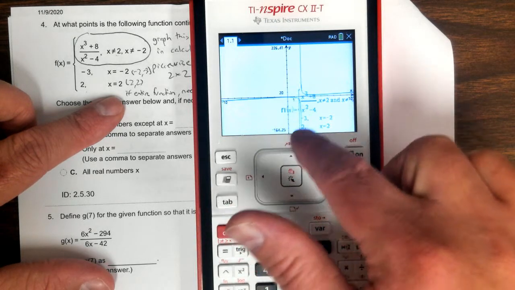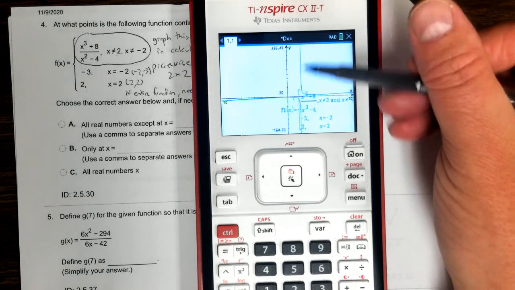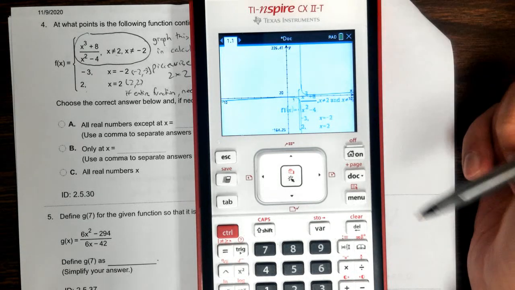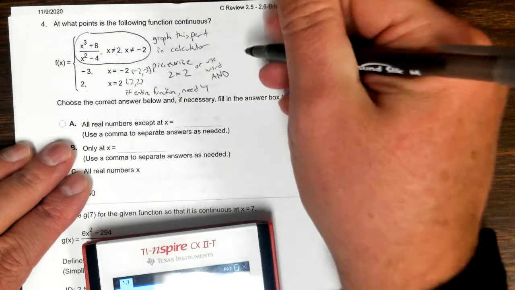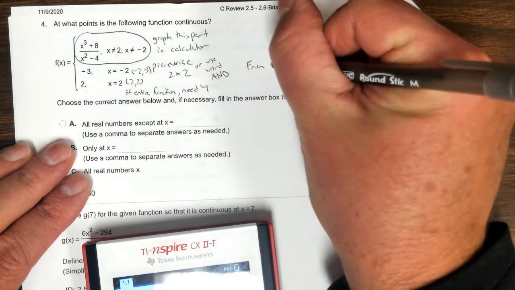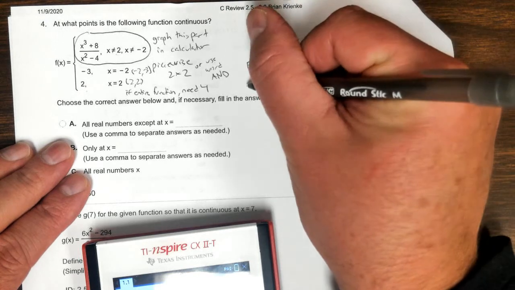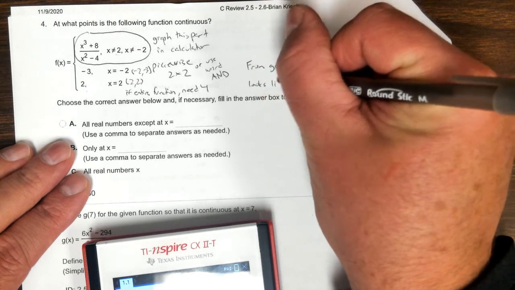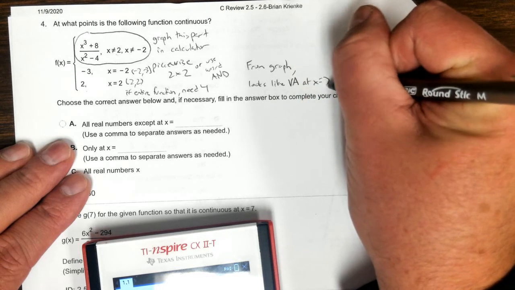and it's going to look like that. So it looks like it's defined except for at the one spot x equal 2. So from the graph, after doing zoom fit, looks like you have a vertical asymptote at x equal 2.